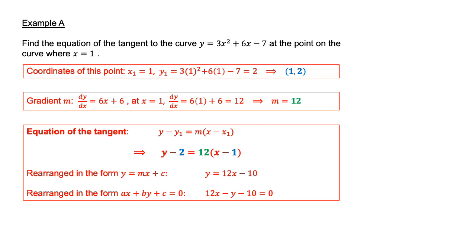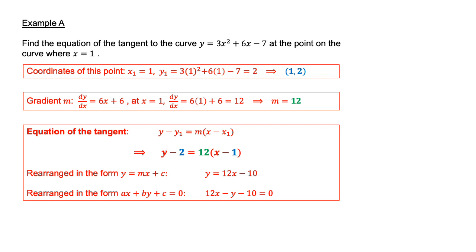So there's our 12, as you can still see. And now because I've rearranged it, that minus 10 tells me where the line crosses the y-axis, so the y-intercept. So the initial equation tells me the gradient and a point on the line. In this form, we've got the gradient and the y-intercept. So they're one and the same thing, just rearranged.